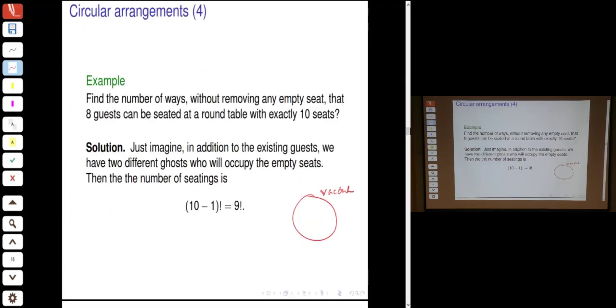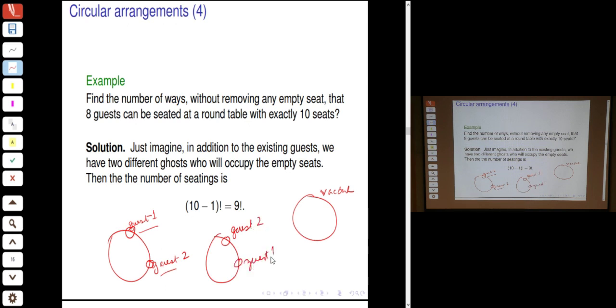Let's put it this way. If you had a guest here, let's call it guest 1, and you had a guest here, so if these 2 spots were occupied by guest 1 and guest 2, then there could be 2 different arrangements, because guest 1 could sit here and guest 2 could sit there, or guest 2 could sit here and guest 1 could sit there, right? But if you had vacant chairs, then these 2 chairs being vacant doesn't lead to 2 different arrangements, because you do not really need to permute the 2 vacant chairs between them.